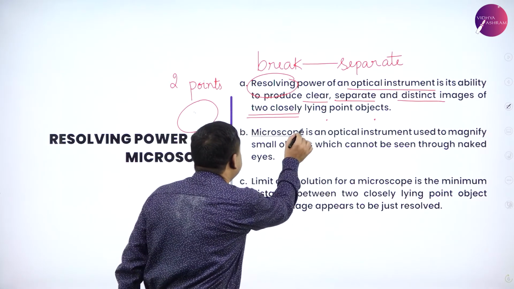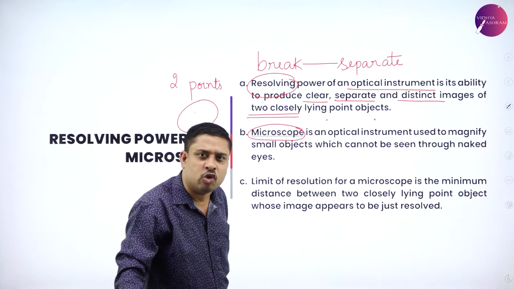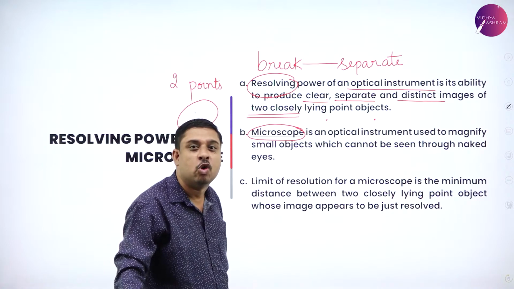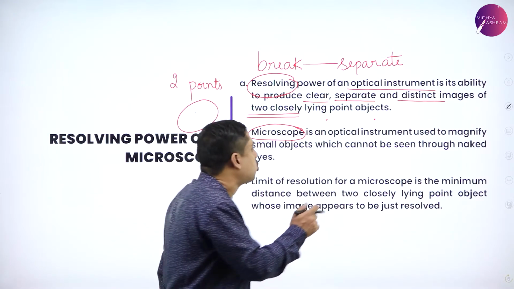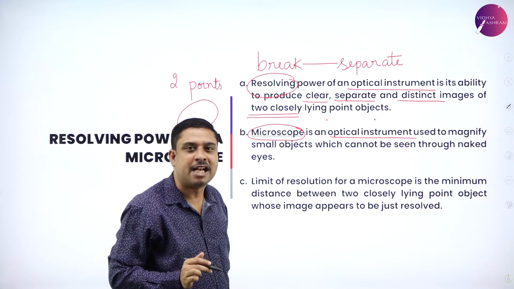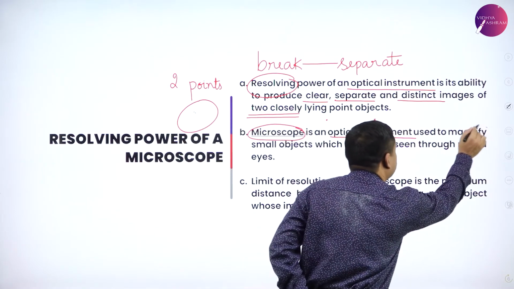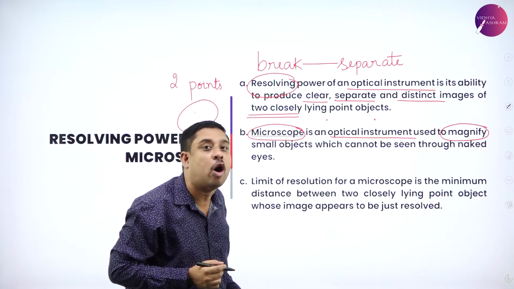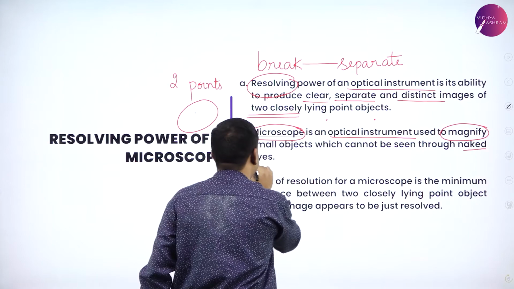Now, what is a microscope? Most of the times, you have used it in your bio lab. You will be doing an experiment using a traveling microscope. But this is an optical microscope. It is an optical instrument used to magnify small objects which cannot be seen through our naked eyes.